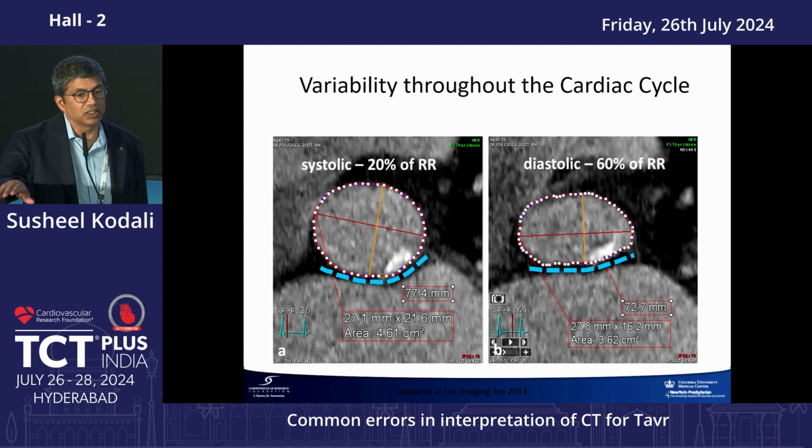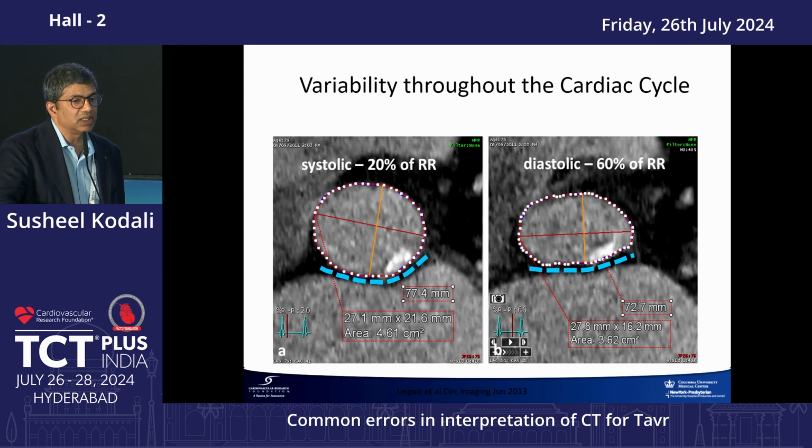But there are some considerations. In the beginning, people were used to getting coronary CTs, and coronary CTs are mostly diastolic phase. But we sized TAVRs based on systolic phase. This was an old study, more than 10 years ago. There is variability of the annulus throughout the cardiac cycle.